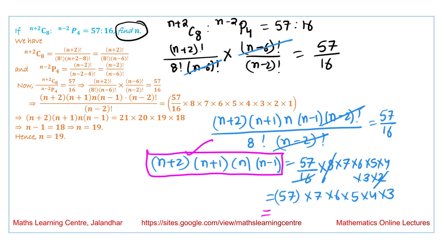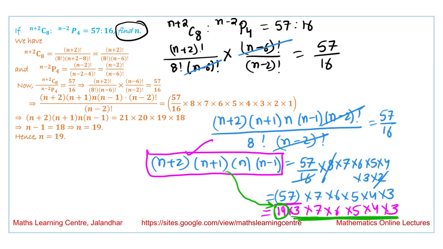So if we arrange these values, we factorize this 57. This 57 can be factorized in the form 19 into 3 into 7 into 6 into 5 into 4 into 3. So if we look at this term 19, it means we require one of these numbers to be 19. From the other numbers, we require numbers which are just consecutive, like 18 or 20.